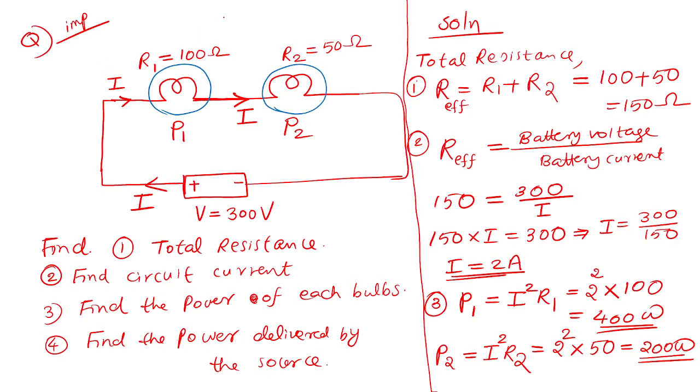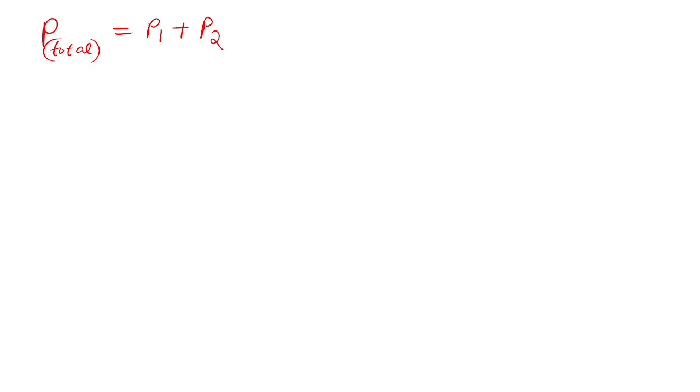If there are more electric devices, the total power is obtained by adding the powers of each electric device. Always we use this formula.